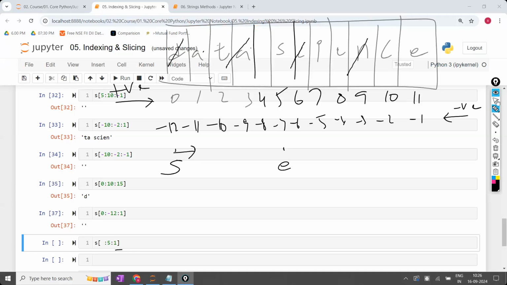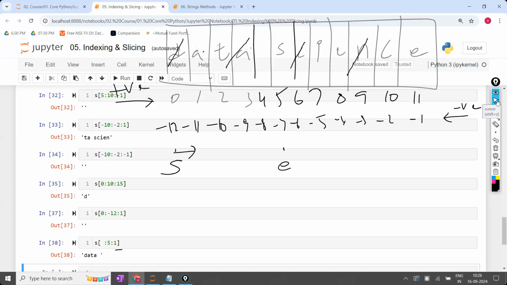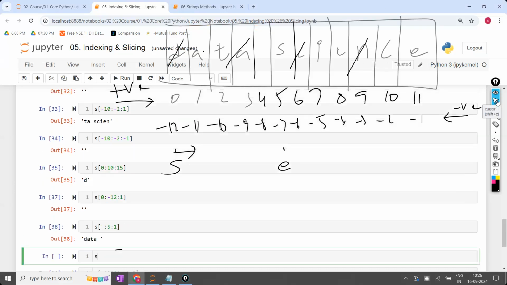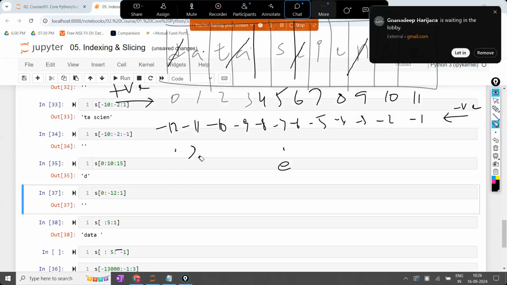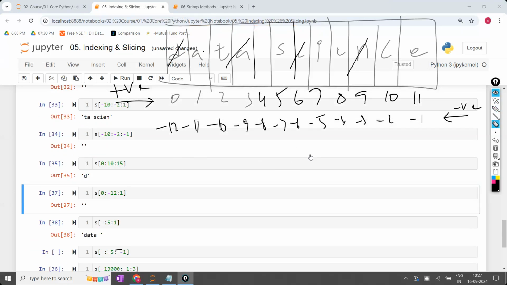T-A space. Now, if I take the starting point as empty only, I'm not going to give the starting point. The ending point, I'm going to give again 5, with decrement of minus 1. Now, in this example, since the starting point was not given, what is the starting value now?